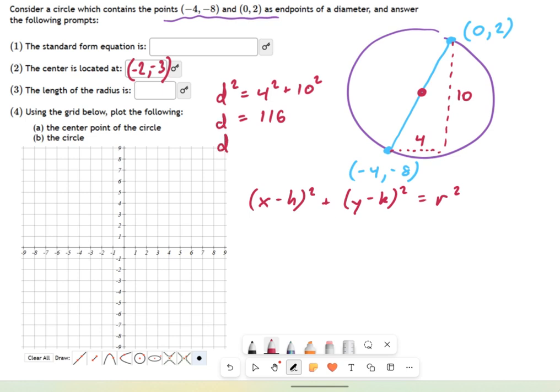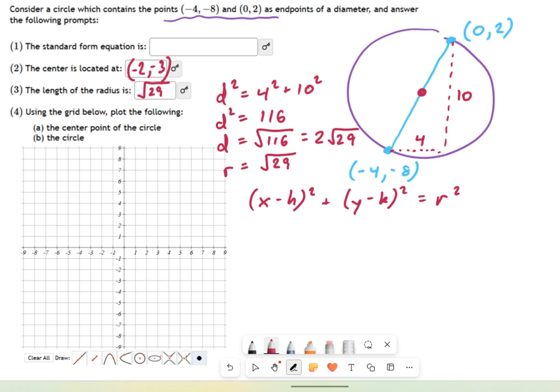So I'm going to figure out what d is by taking the square root of 116, which if we simplify that thing, I don't trust myself to do this in my head, I'm going to try it anyway. 2 radical 29. I think that's pretty close. That should be it. Okay, so that's my d value, which means my r value is going to be 1/2 that. It's going to be radical 29. So that's what goes in here. Even if it's a radical sign, that's fine. Just stuff it in the box.